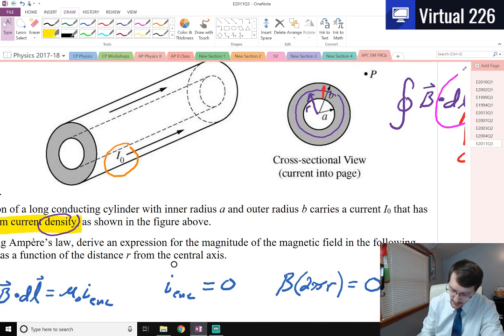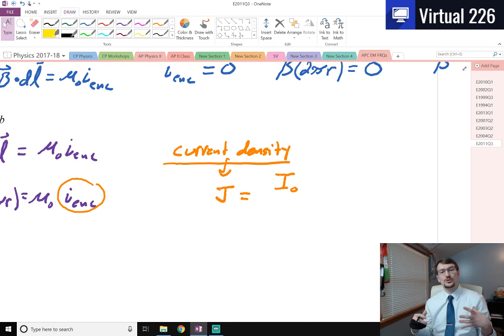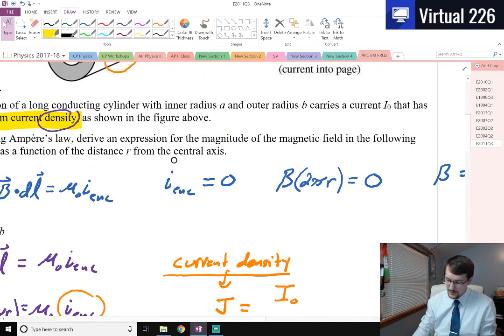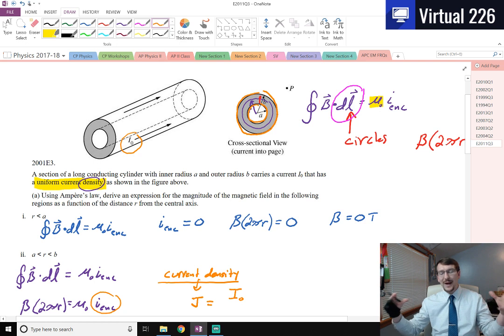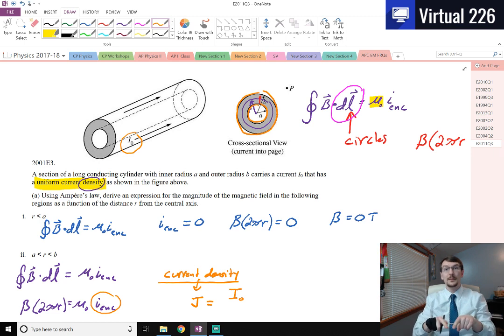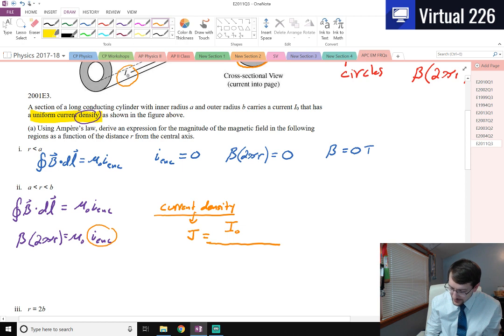So that's the amount of current running through this wire, and then that current density is a function of cross-sectional area. What is the area I have here? I'm just looking for the current density within this region. To get that, I can take the entire area out at radius b minus the area tucked into radius a. That's the whole minus the hole. The area all the way out at radius b, the large one, is pi b squared.